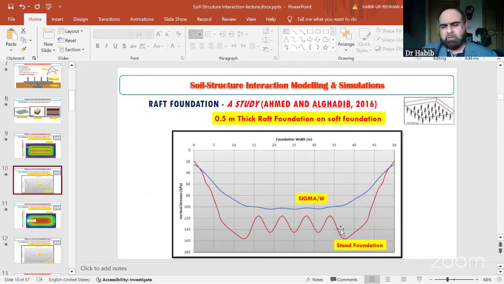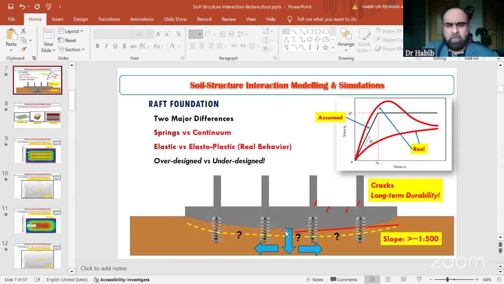Yeah, actually, this is basically the difference. Since in STAAD Pro we have springs, we have a localized effect. But when we consider soil, soil is not a spring. I have shown over here that we have a continuous medium. When we compress the soil vertically, it basically distributes the load in the lateral direction also.